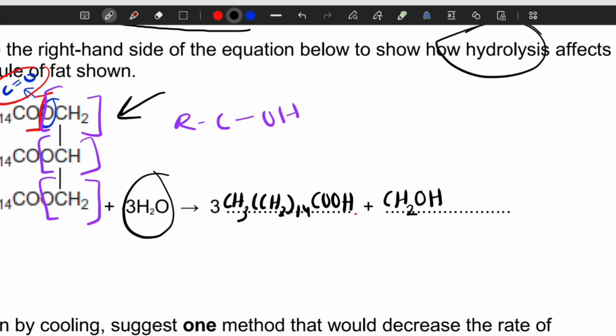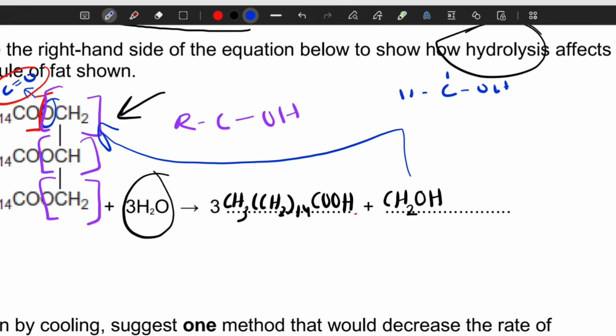This one's referring to this one right here, CH2OH. And remember, it's basically glycerol. Then CHOH and then CH2OH. That's it, guys. That is literally it.